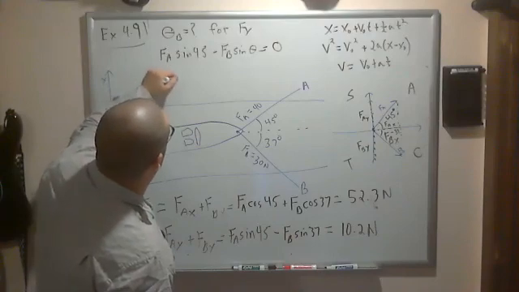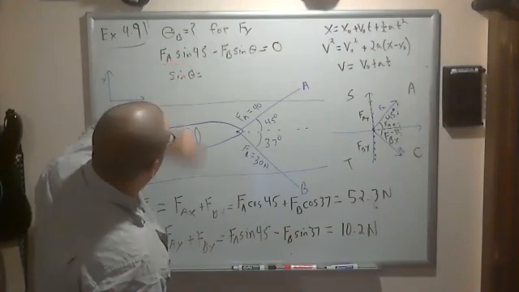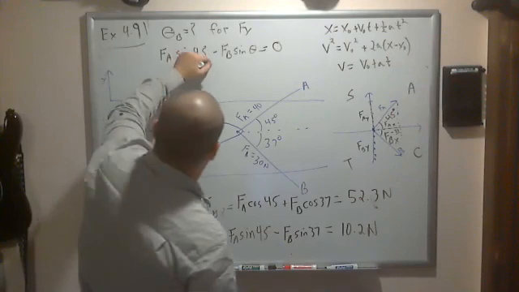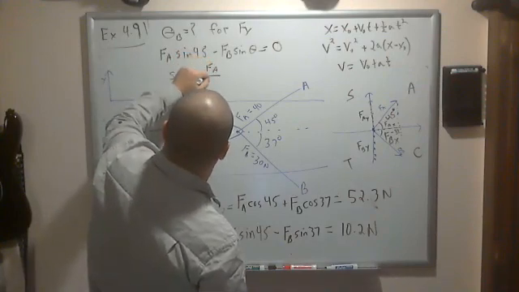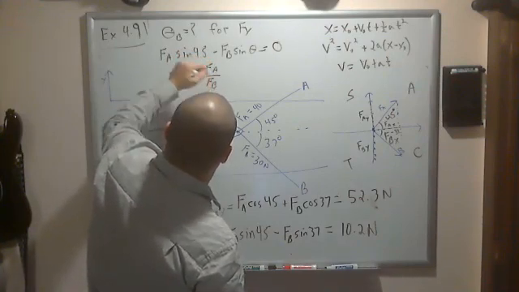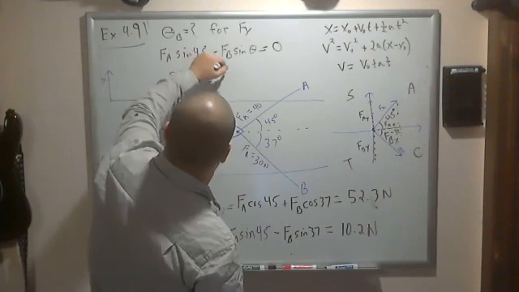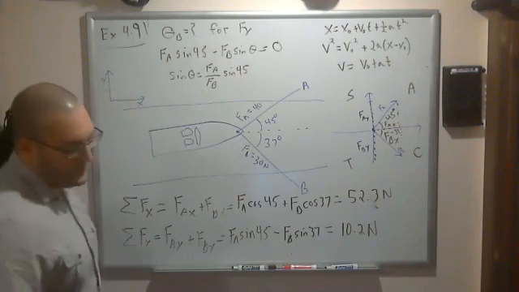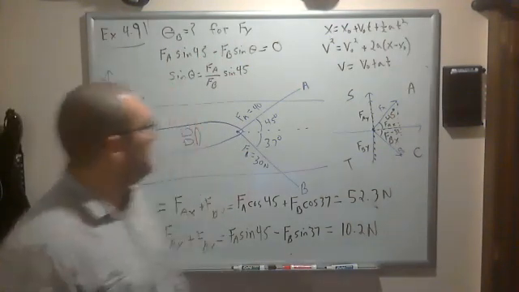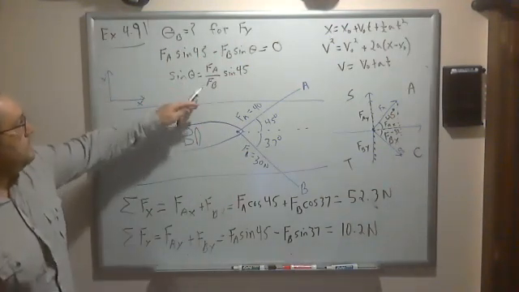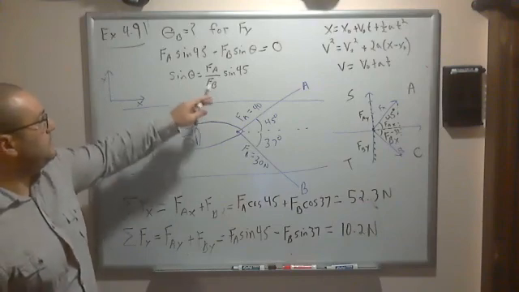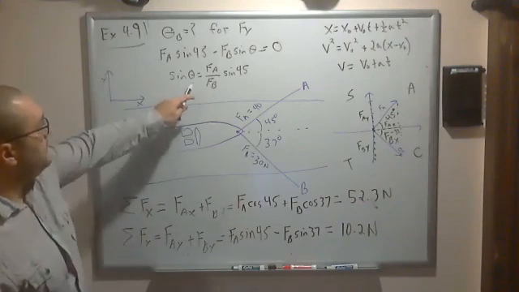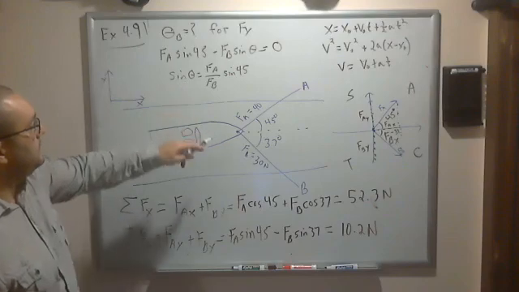So we find that sine theta is equal to this ratio, sine 45, right? So given these two quantities, we can find this angle that we need to satisfy.